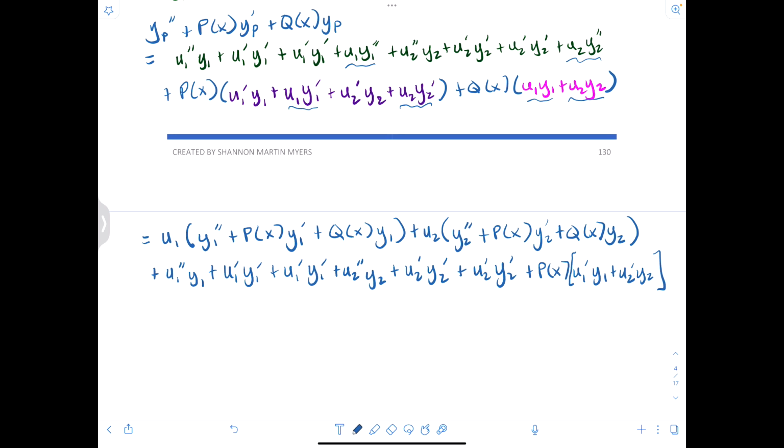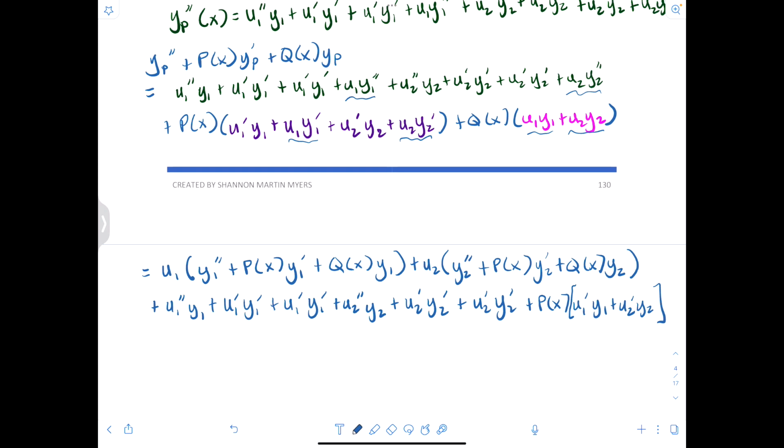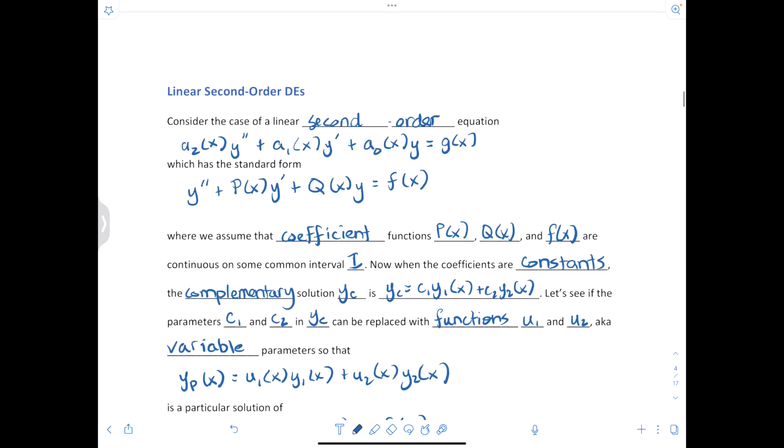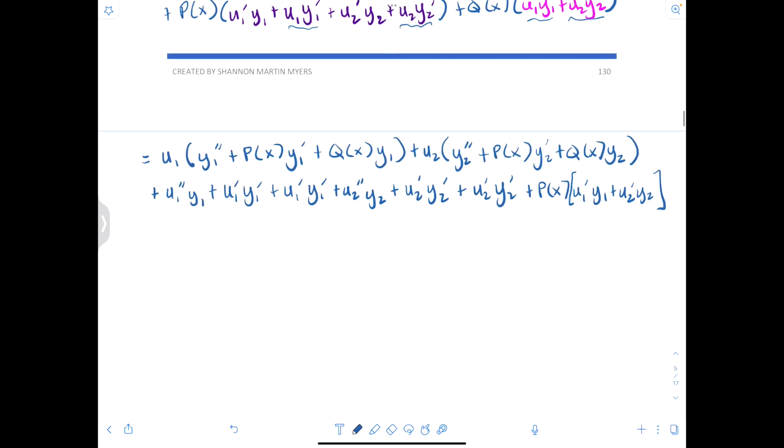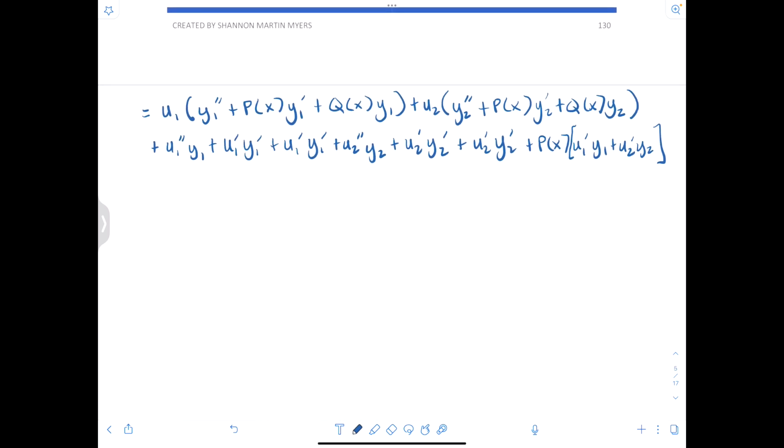So let's see what we can get rid of. Now, do you see here, because of this premise, this homogeneous equation, these guys are going to zero out. So this term here is 0, and this one here is 0, under our assumptions.